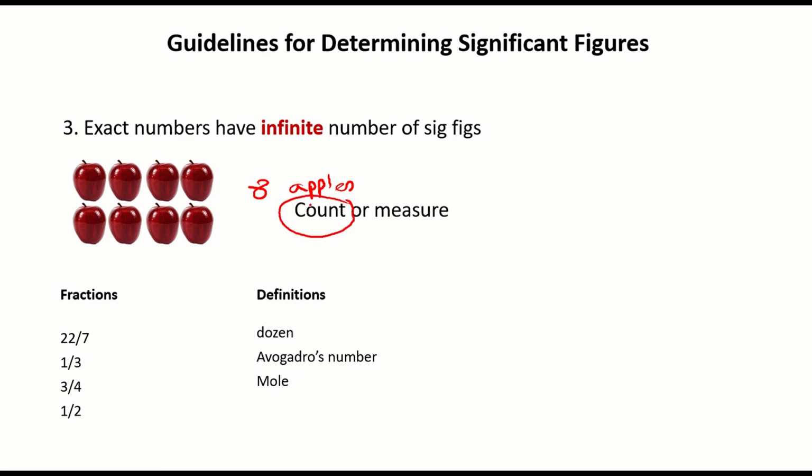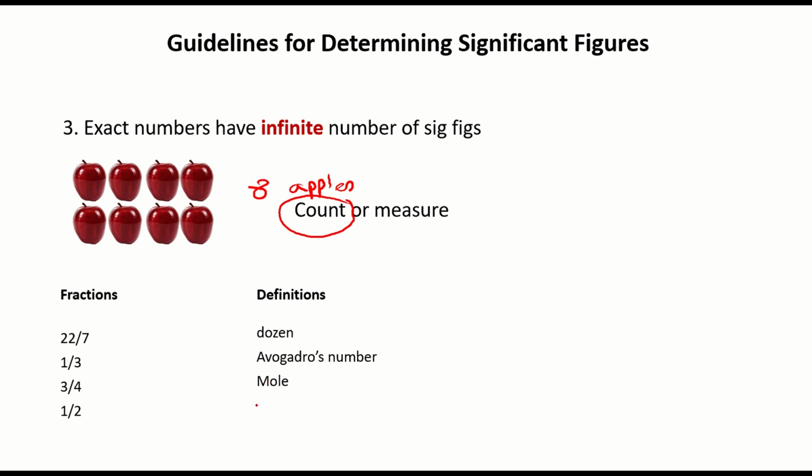So counting leads to exact numbers. And if you have an exact number, it is going to have an infinite number of significant figures. What else? Fractions. As long as you see it as a fraction, it is going to be an exact number, but decimals are very different. And definitions are also going to be exact numbers.